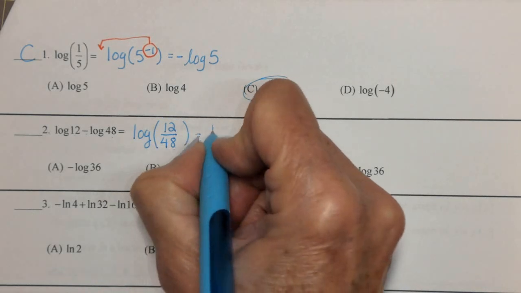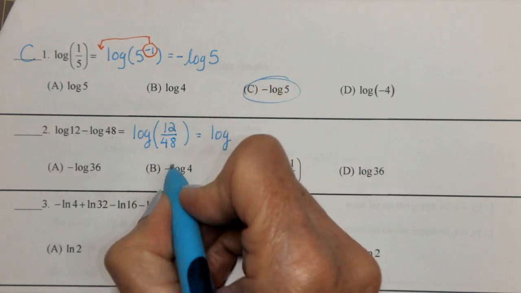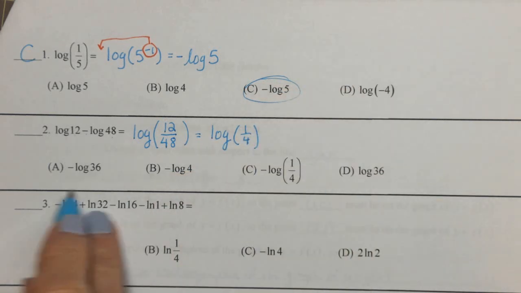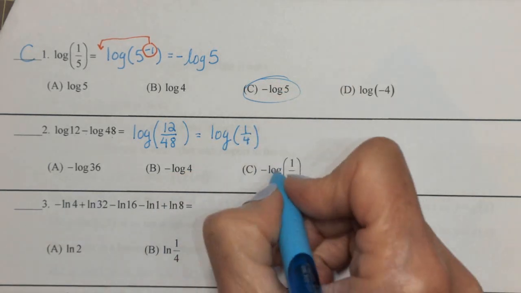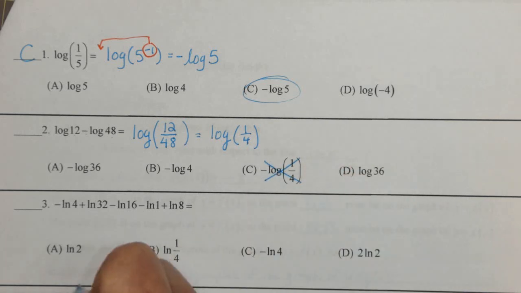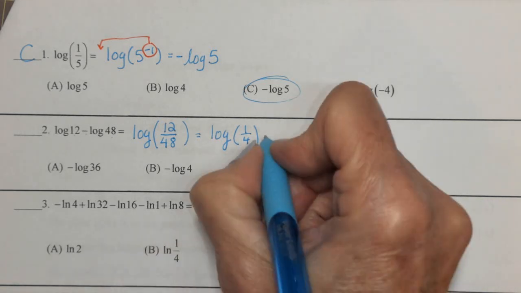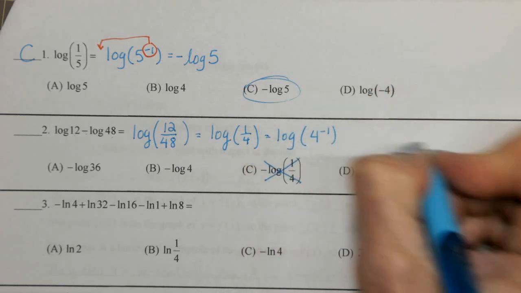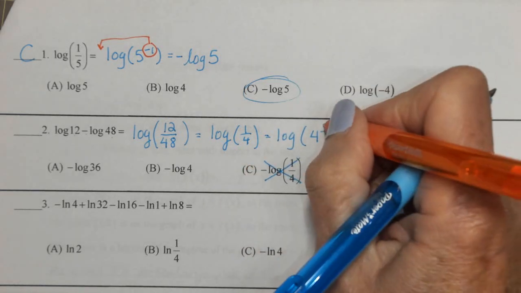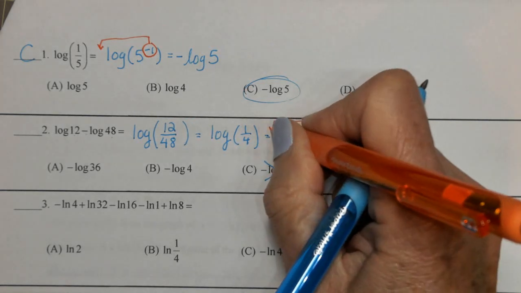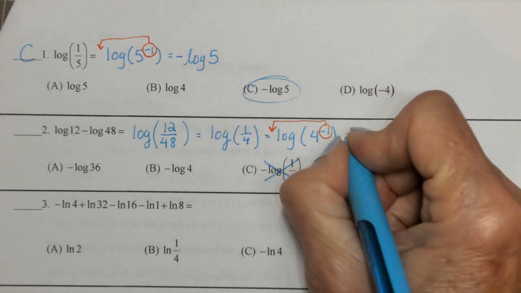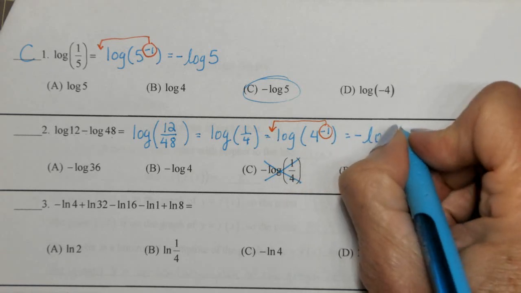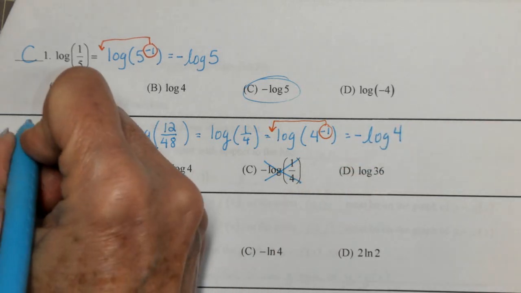So this is log of 12 over 48, which is 1 over 4. That's not one of my choices. I do know this cannot be my answer choice, though. So this is log of 4 to the negative first power, and then we can move our negative 1 to the coefficient of the log and make it negative log of 4. B.